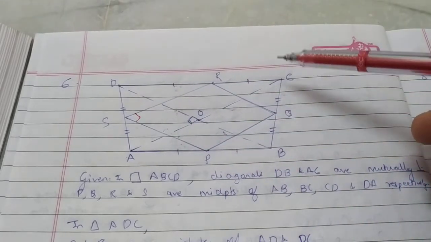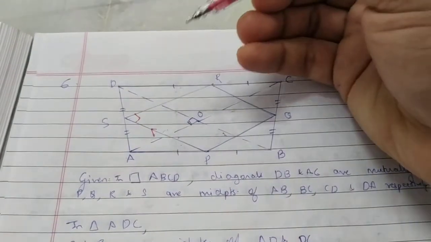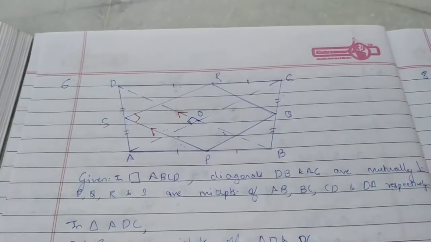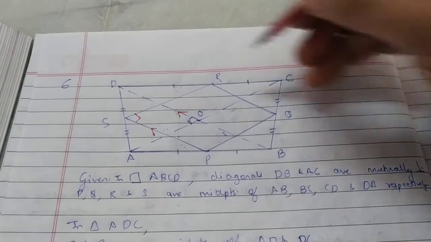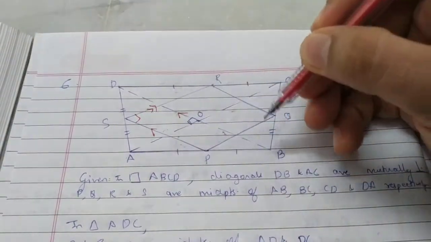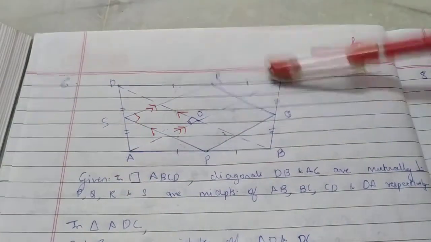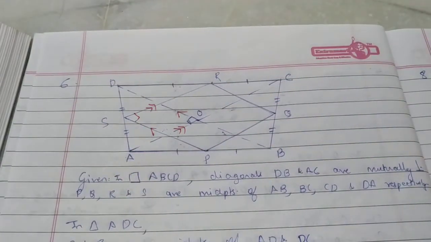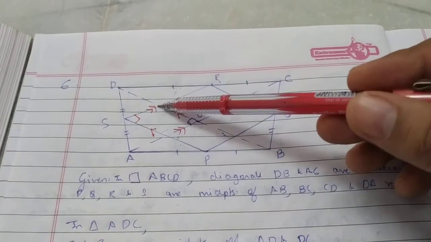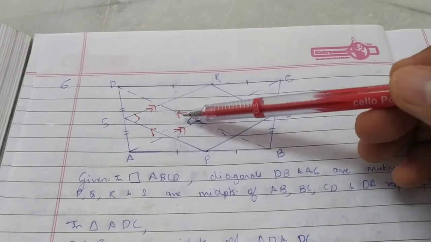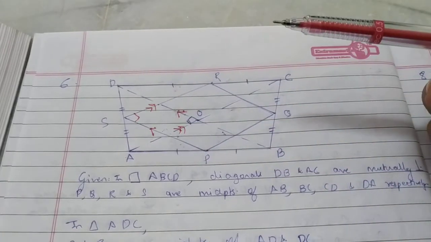Now using midpoint theorem, we would already have mentioned that SP is parallel to DB. Midpoint theorem. Similarly, SR is parallel to AC. Again, midpoint theorem in triangle DAC. So, if this is parallel to this and this is parallel to this, but this is perpendicular to this, it follows that this is perpendicular to this.